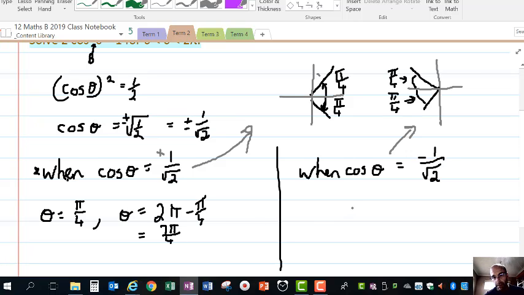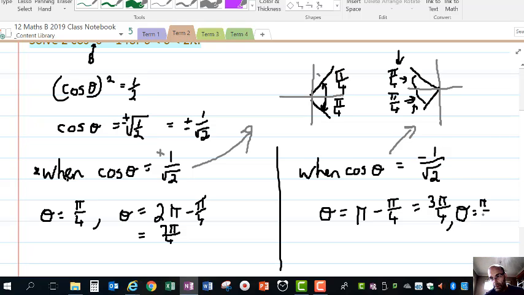For the negative case, theta equals, looking up here, pi take pi on 4, which is 3 pi on 4. We also have pi plus pi on 4, which is 5 pi over 4.